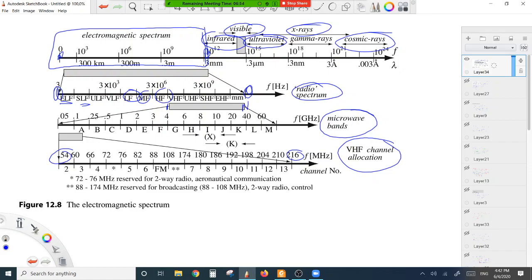And here you may see that from 88 up to 108 megahertz is reserved for FM radios.